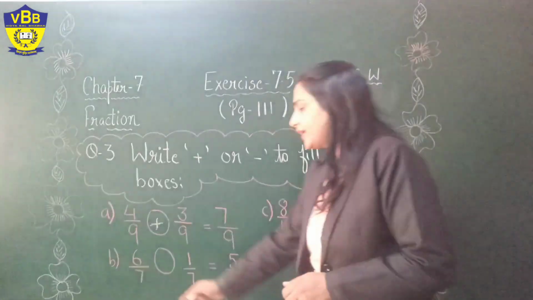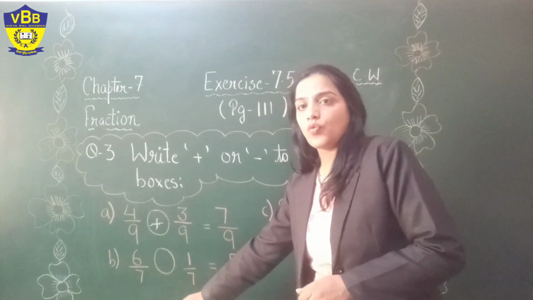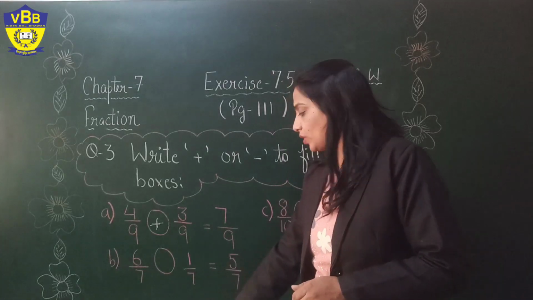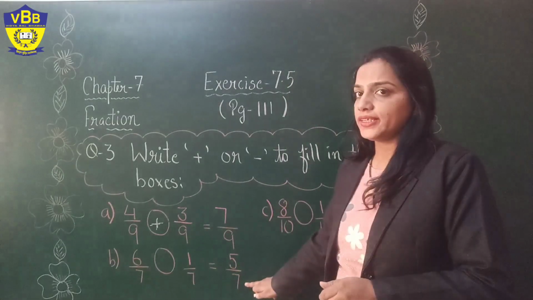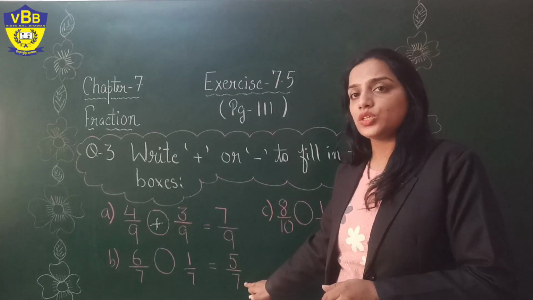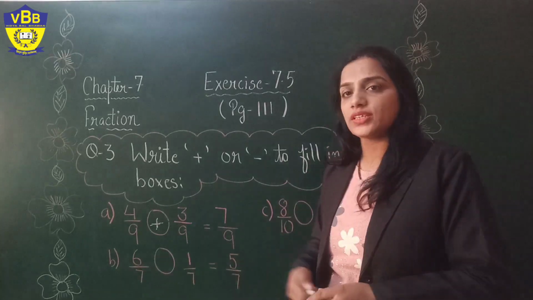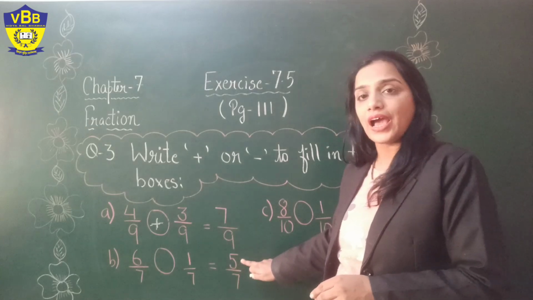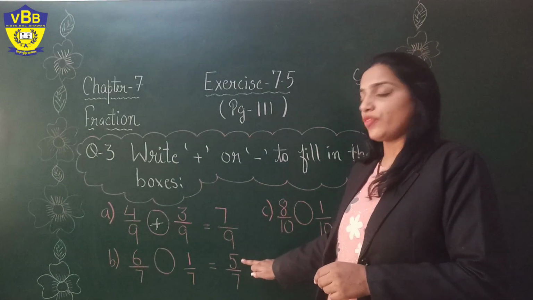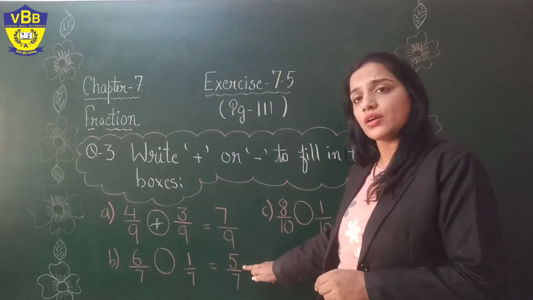B part again 6 by 7. One blank box is there. 1 by 7 and answer is 5 by 7. Here also denominator values are same. So it is a like fraction. Here we have the answer value 5. So when will 5 come?